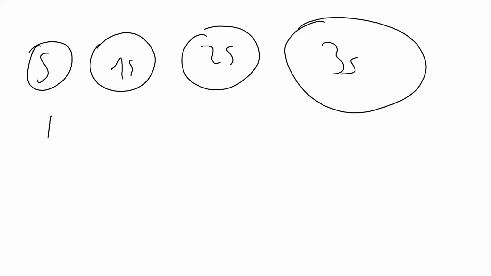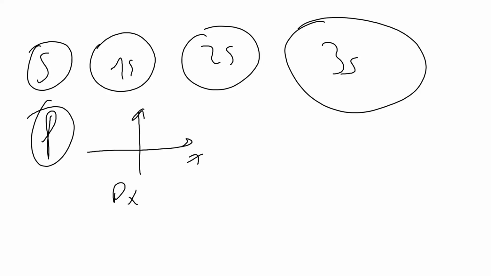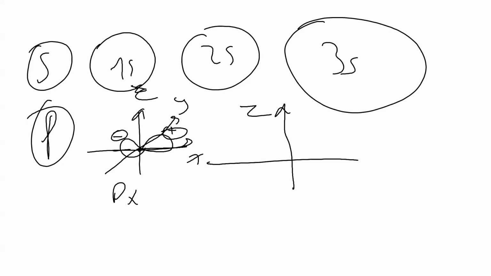The P orbital, as we said, is two balloons tied to a knot. So let's say Px looks like this on the axis. It's Px because these two balloons are aligned on the x-axis. Let's say we're gonna have x, y, z on the axis.